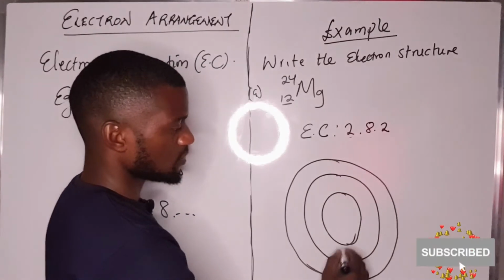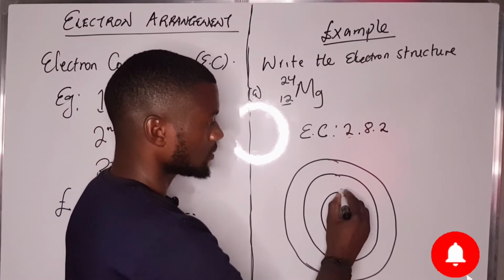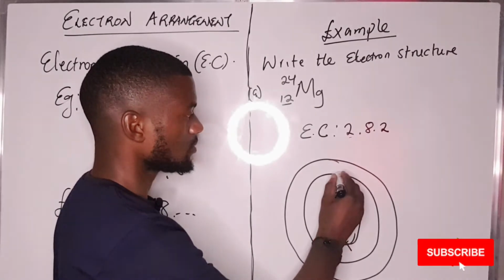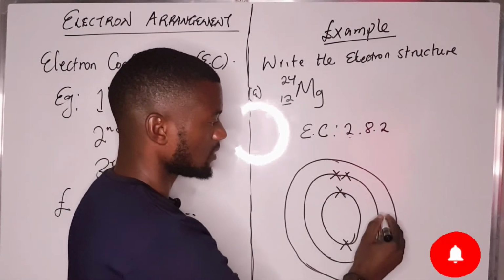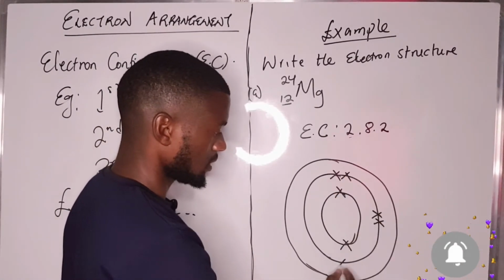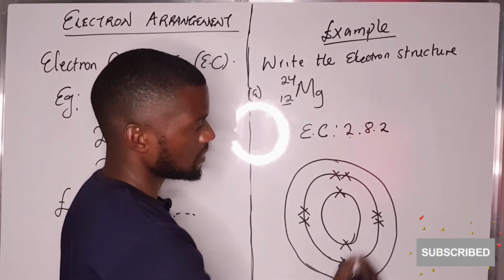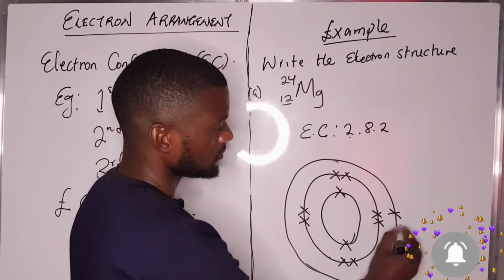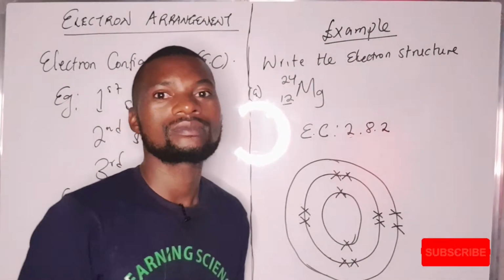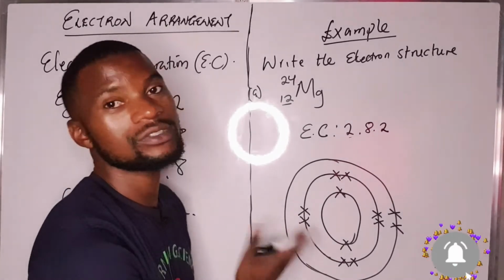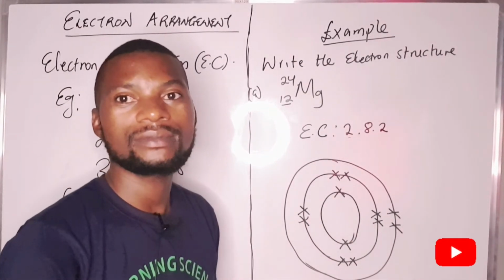For magnesium, the first shell will have 2 electrons, the second one will have 8 electrons, then the third one will have 2 electrons. So basically, this is the electron structure for magnesium.